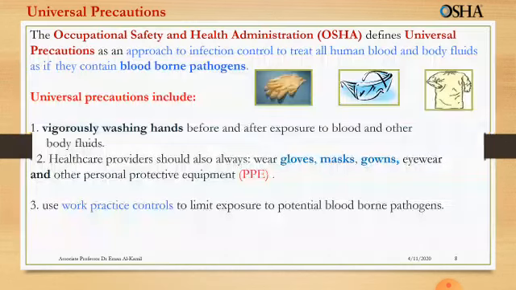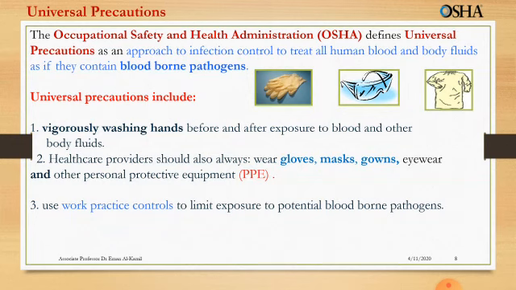So there are what are called universal precautions. The Occupational Safety and Health Administration, abbreviated OSHA, defines universal precautions as an approach to infection control to treat all human blood and body fluids as potentially infectious or containing blood-borne pathogens.